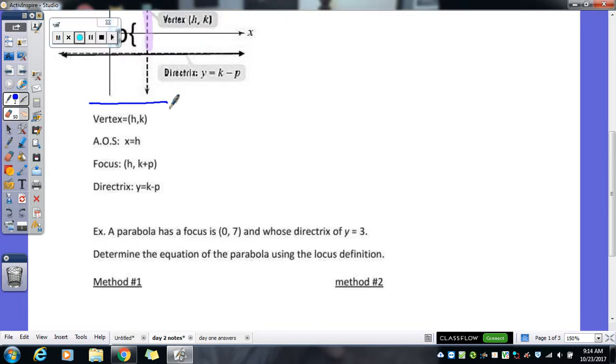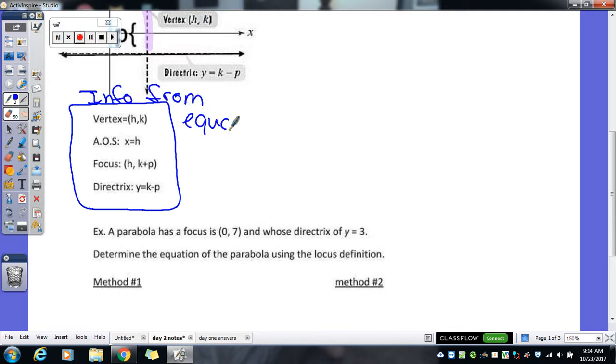So down here, this is all information we can get from our equation. Our vertex is the point (h, k). That's not new. We've been dealing with vertex being (h, k) with our vertex form. Our axis of symmetry is x equals whatever h is. So whatever your x value from your vertex is, that's your axis of symmetry. Your focus, remember your focus is the point, (h, k plus p).